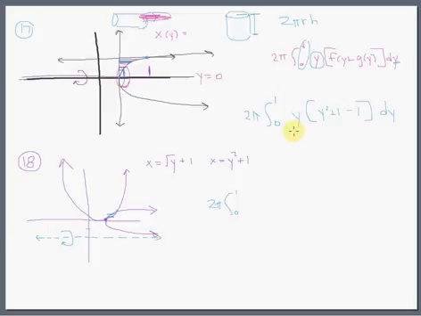Now comes y. Remember, this y represents the radius of your cylinder. So if you're thinking of your cylinder as this is the length of the cylinder, and then this is where it's rotating around, it's going to be going all the way around here, right? And this is the width of that cylinder. I don't know if you can kind of see my cylinder there. Because it's rotating all the way around down here, y is just this distance here.